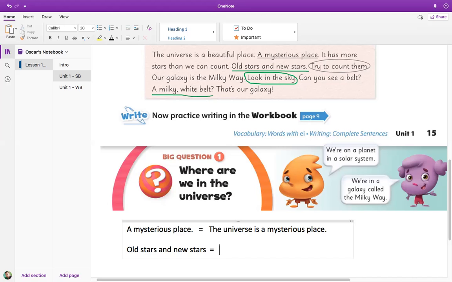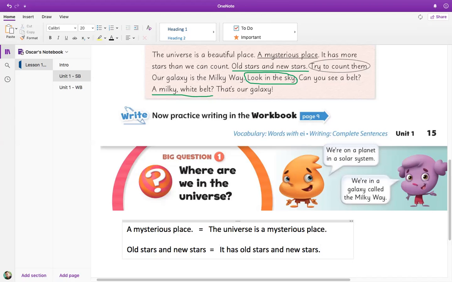So we use "it" to avoid repeating the universe, and then "has" as our verb. It has old stars and new stars.